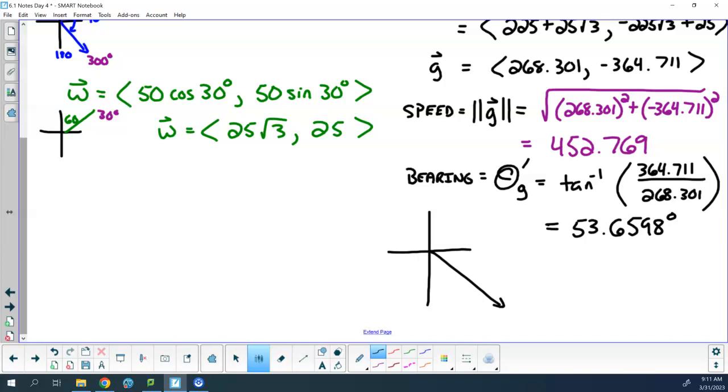Which means that this 53.6598 angle is right there. So what is the bearing angle?